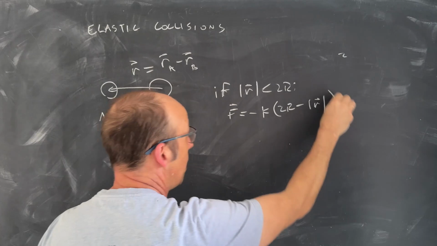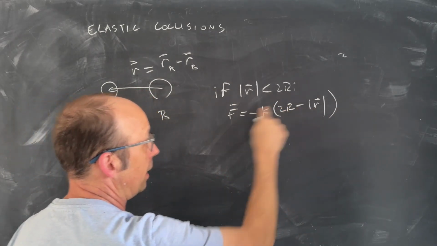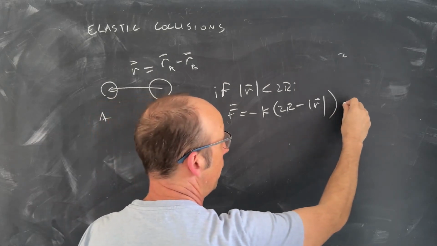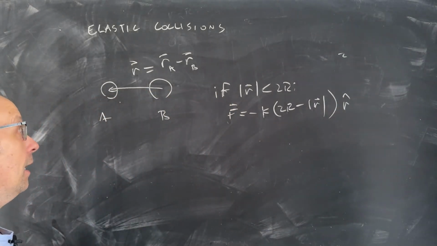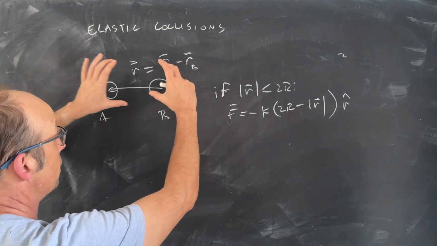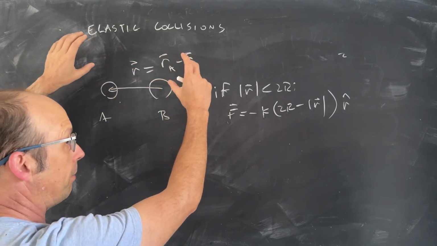Now that can't be right, because k is a scalar spring constant, and that's a scalar, but I need a force. So I'm going to multiply this by r hat, the unit vector in the direction of r. So I'm going to let these two things come in, and if they overlap, there's going to be a force pushing them apart. If they're not overlapping, there's no force.